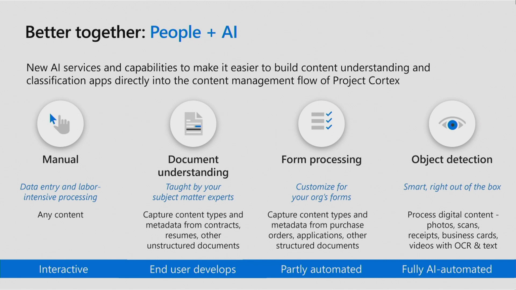So where documents are very structured and in a templated kind of format, this is a great way to be able to extract the metadata you need as part of that too. And then finally, we're using some of the great capabilities that we have from Azure Computer Vision and integrating those directly into Project Cortex. So we'll be able to do things like extracting text from some of the areas like business cards, receipts, other things that you have as part of your organization.